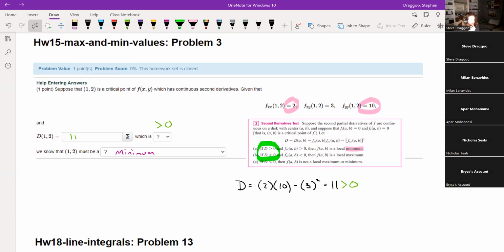Remember that in order to have either a maximum or a minimum, that determinant must be positive. And then we can look at a single second derivative to decide if it's a local minimum or a local maximum. Concave up means we have a minimum, and concave down means we have a maximum. But we need the determinant to be positive first. If D is negative, we don't have a maximum or a minimum at that point.